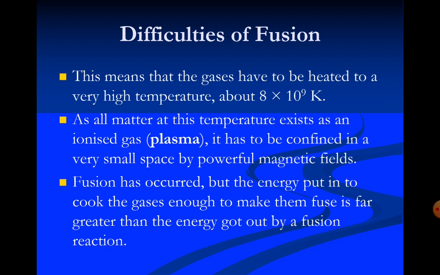This means that in order to reach that, we need to heat up a gas to about 8 times 10 to the 9 Kelvin, millions of degrees. When you heat up a gas to that temperature, it exists as an ionized gas, and it needs to be confined in a very small place, which is done by very powerful magnetic fields.